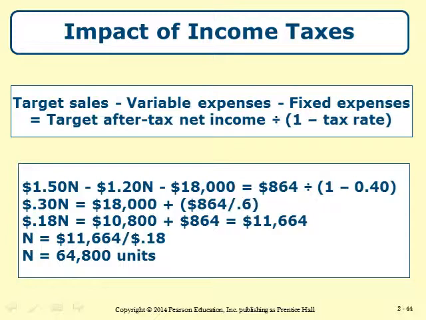Thus, letting N be the number of units to be sold at $1.50 each with a variable cost of $1.20 each and total fixed cost of $18,000, sales would be 64,800 units, producing an after-tax profit of $864 as shown here, and a before-tax profit of $1,440.